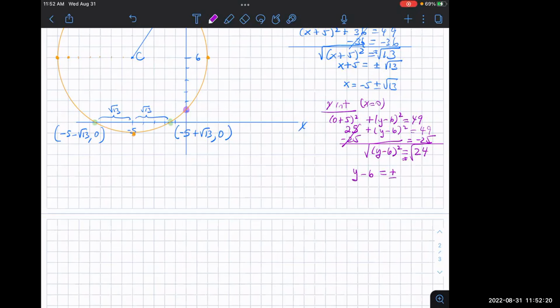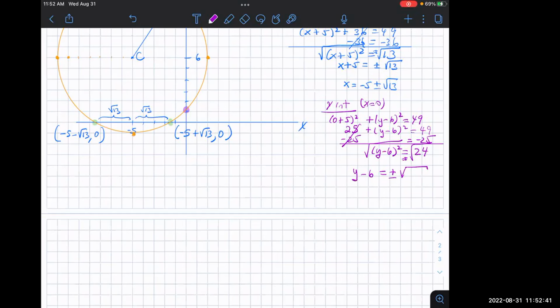Can I simplify the square root of 24? You're looking for a number that is a perfect square that goes into 24. So a perfect square times something equals 24. Oh, no, 8 is not a perfect square.